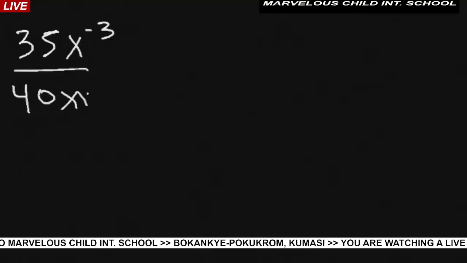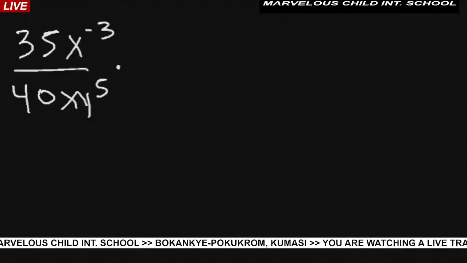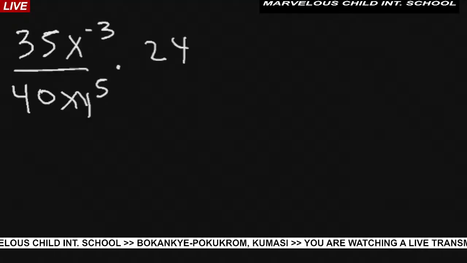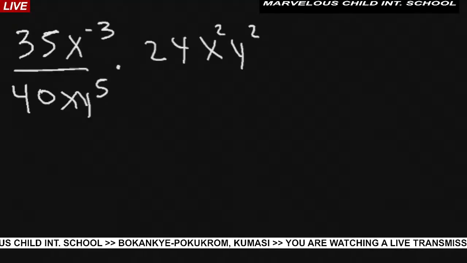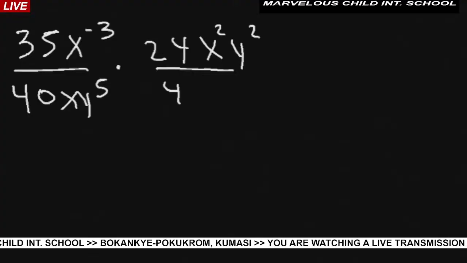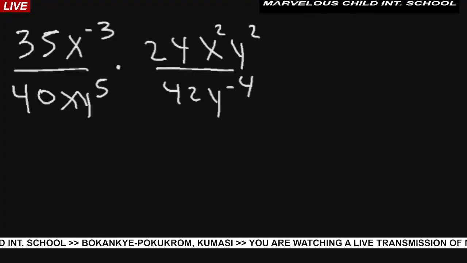Let's try this one. 35x to the negative 3 divided by 40x y to the fifth power, times 24x squared y squared divided by 42 y to the negative 4.